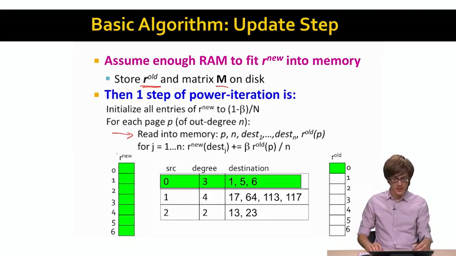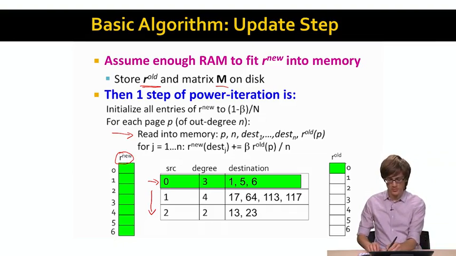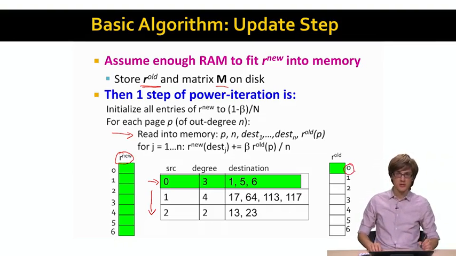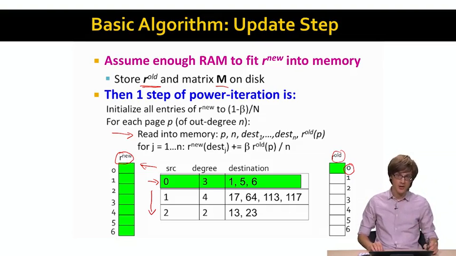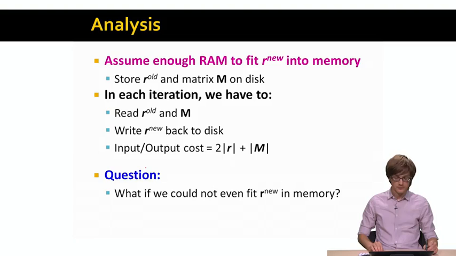We keep scanning through the matrix M row by row. We load in a given node and all the nodes it points to. We load its corresponding PageRank score, do the multiplication, and spread this PageRank score of our node i into the vector R new. And again, what this means is that to do one iteration of this, we need to read matrix M one time from disk, right?